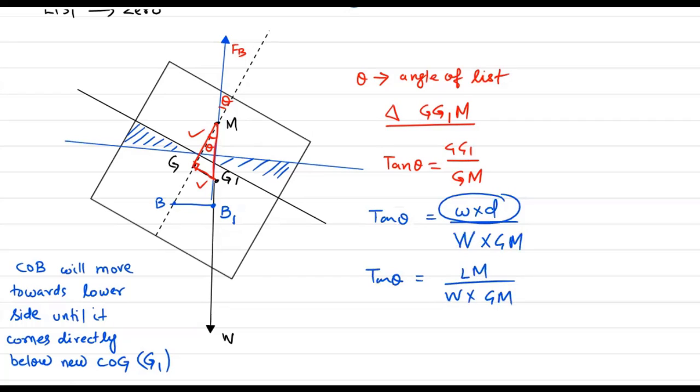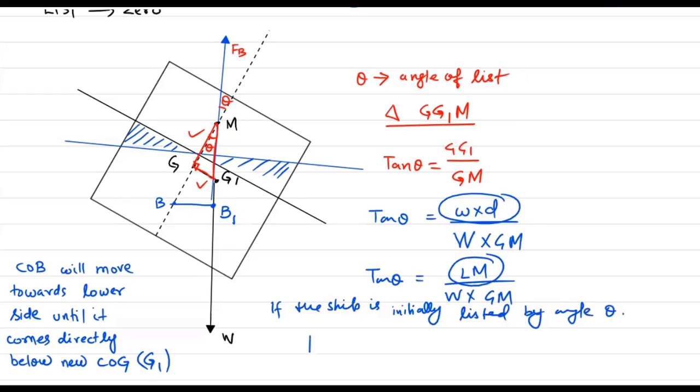सपोज शुरू में ही जहाज लिस्ट पे है, तो इसको list moment ना बोल के we will say initial list moment, if the ship is initially listed by angle theta.